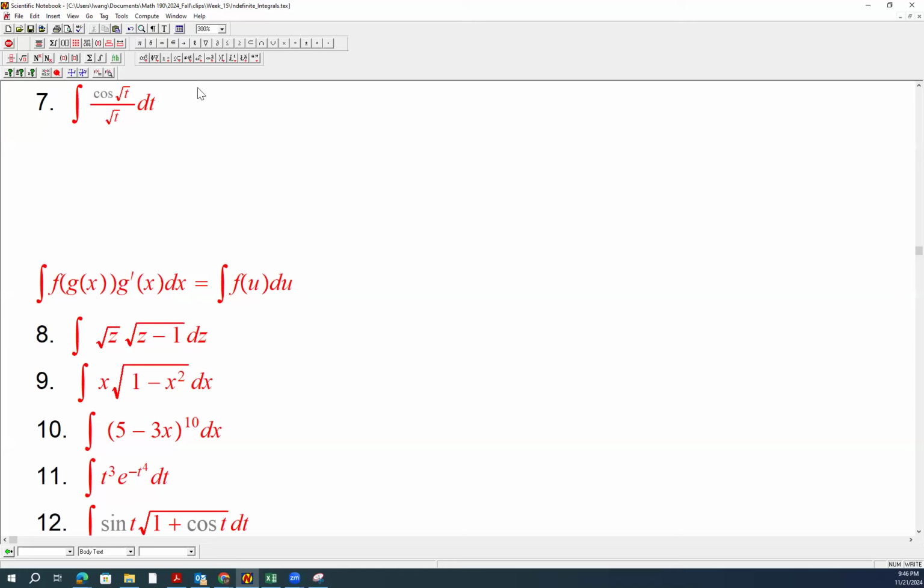All right, on this question, I would introduce u equals root t. And du will be equal to 1 over 2 times root t dt.